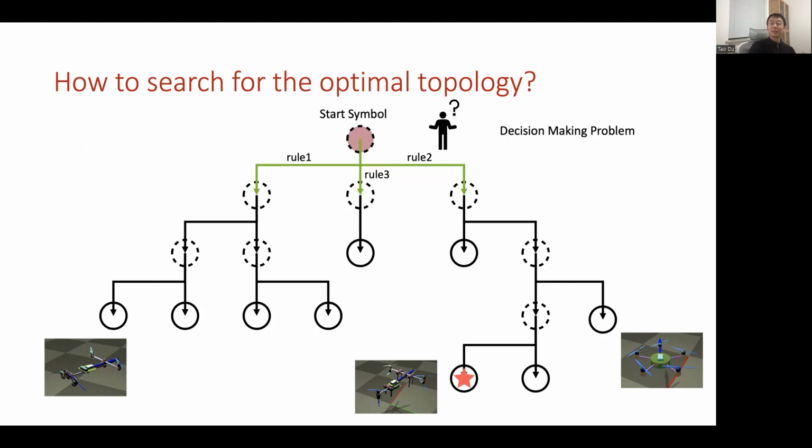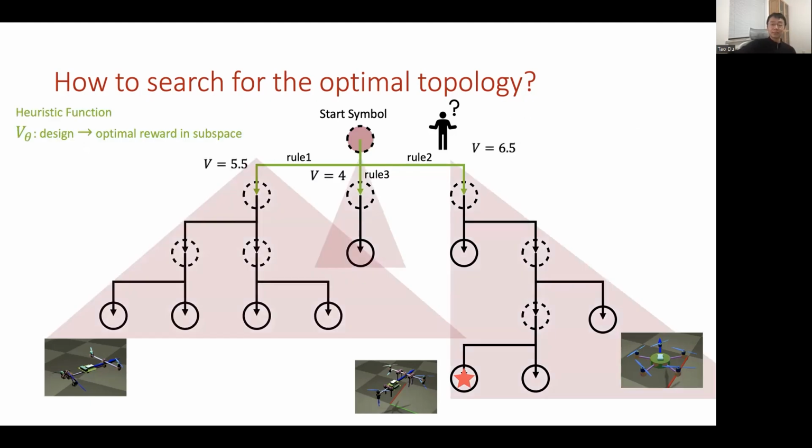So now the problem becomes, how am I going to figure out the best possible leaf hidden somewhere inside 1 million possibilities? And how would I figure this out in a very strategic and effective way? So this can be cast as a decision-making problem at every single step when we traverse from the start symbol till the very end. So the idea we are using here is borrowed from RoboGrammar, another paper written by my former colleague at MIT.